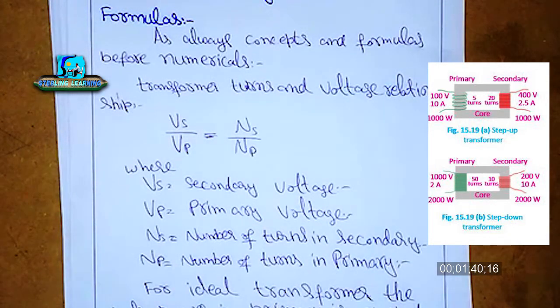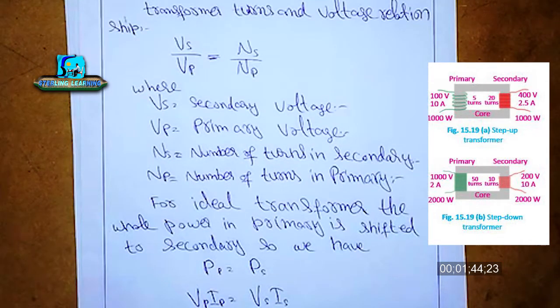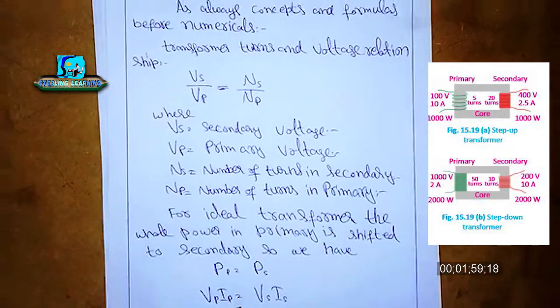For an ideal transformer, the whole power in primary is shifted to secondary, so we have PP, power in primary, is equal to PS, power in secondary. Power in primary is Vp Ip and power in secondary is Vs Is.